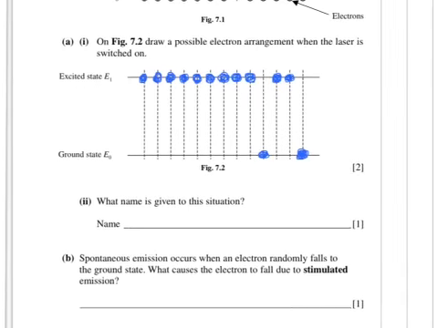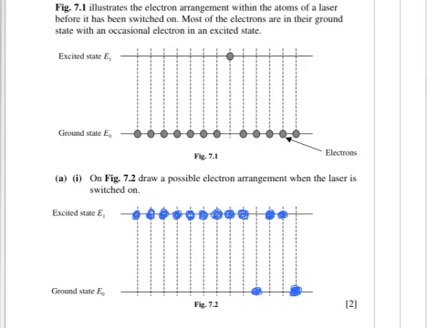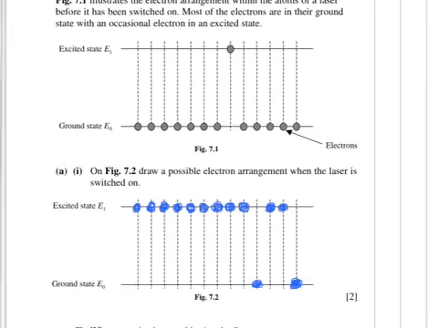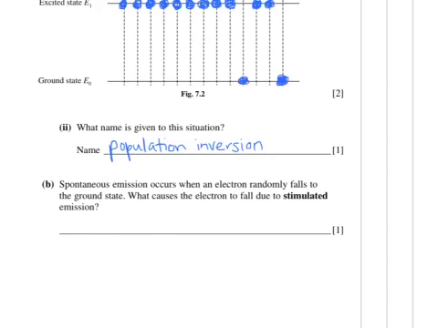Part number 2 then, what is the name given to this situation? Well, more of them are up at this level. Usually they are down at this level, so it's known as population inversion. Part B, spontaneous emission occurs when an electron randomly falls to the ground state.